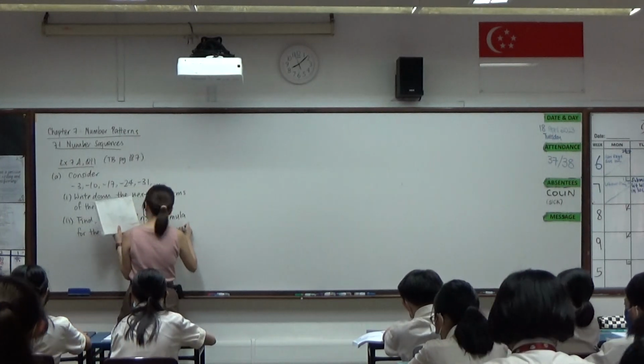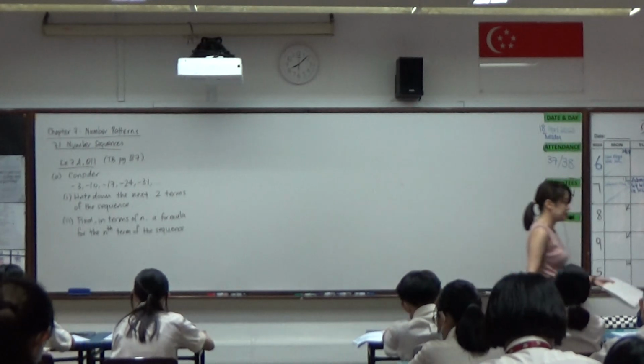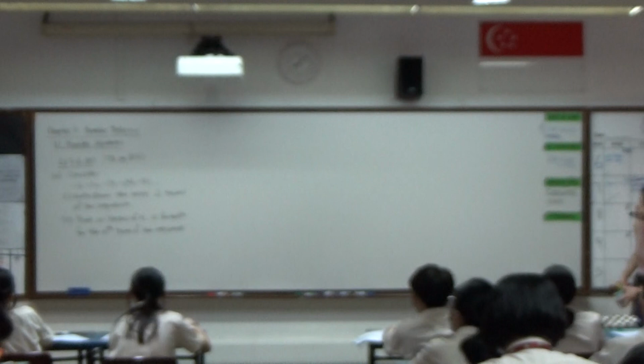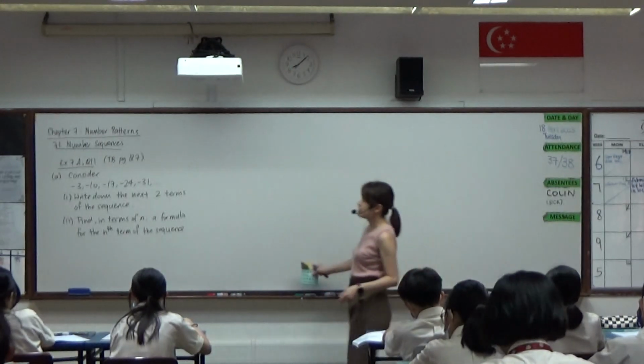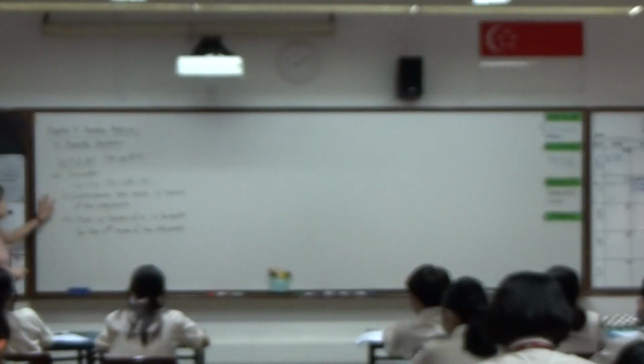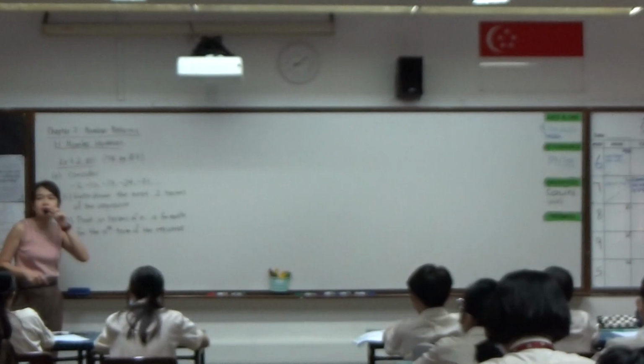Just to get ourselves warmed up, look at this sequence that we have: negative 3, negative 10, negative 17, negative 24, and negative 31. In part 1, we want to write down the next two terms of the sequence.